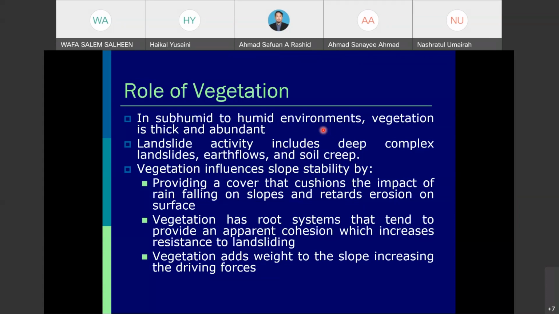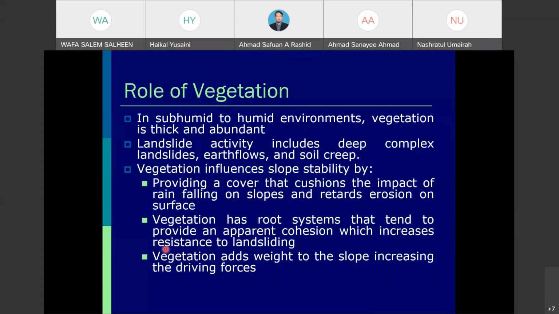However, vegetation adds weight to the slope, which increases the driving force. So in that case, maintenance is the most appropriate method in order to balance the functions of the vegetation on the slope surface.